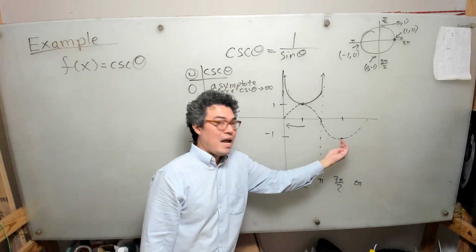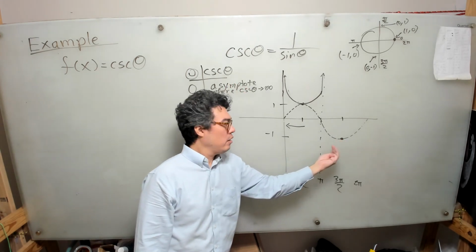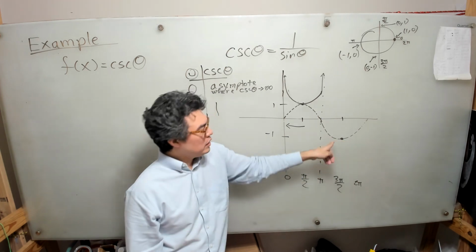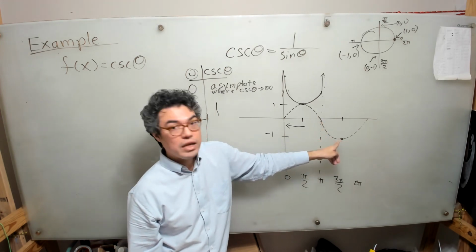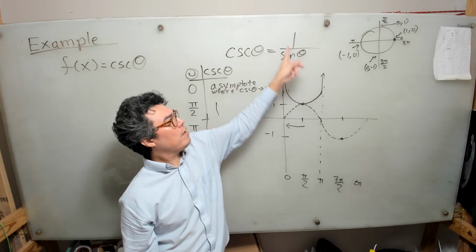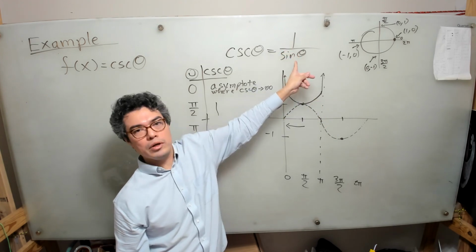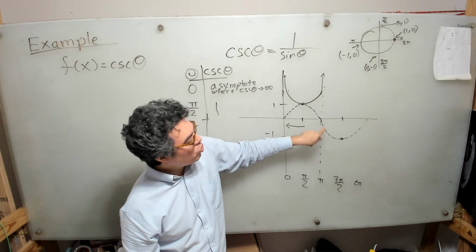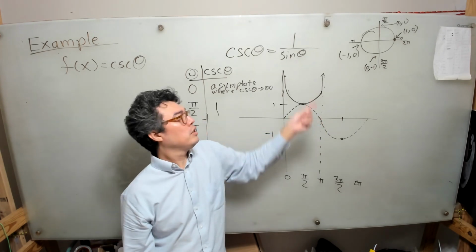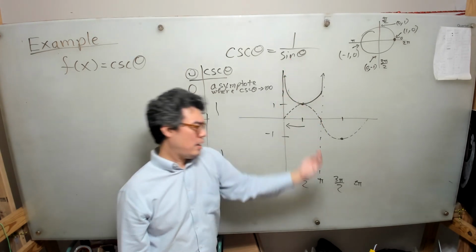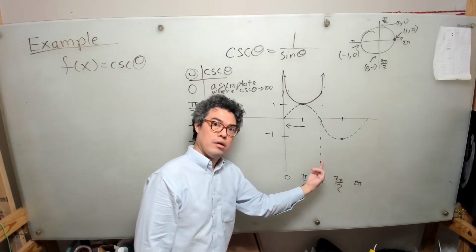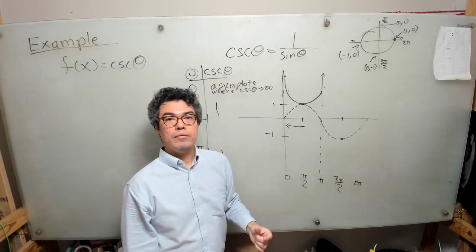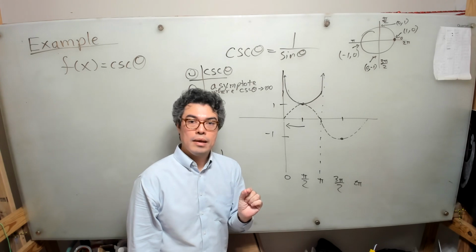Now look at what's going to happen as we come towards pi from the positive direction. See here in this region, the sine of theta is negative. So we're going to have 1 divided by a negative number. That's going to be negative. But the sine of theta is going towards 0. So those negative numbers on the bottom, as we come toward pi, are going to become very, very small, but they're going to be negative.